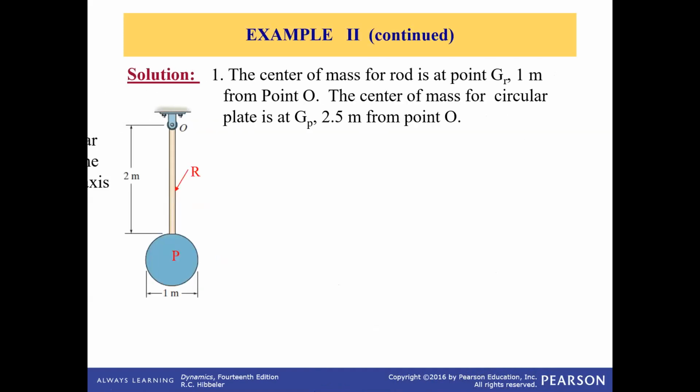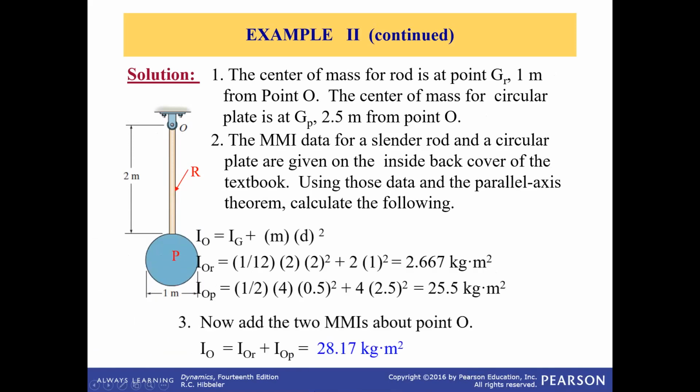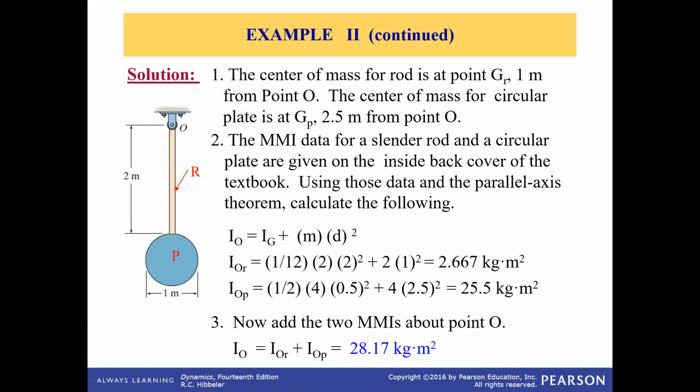So for the rod, the center of gravity should be at the middle point. If you are looking for the moment of inertia for the rod with respect to this O, you'll be doing the moment of inertia through the center of gravity plus md squared.